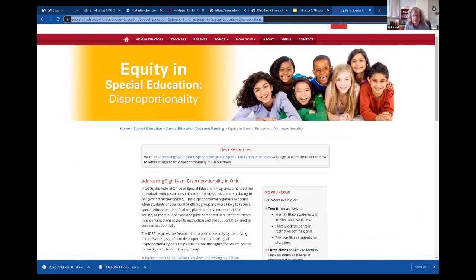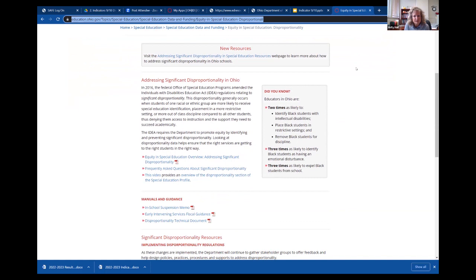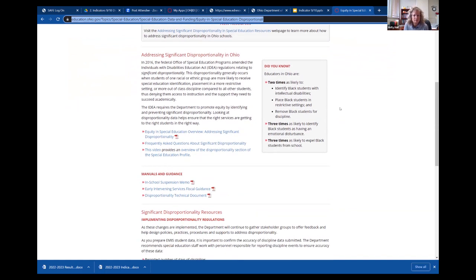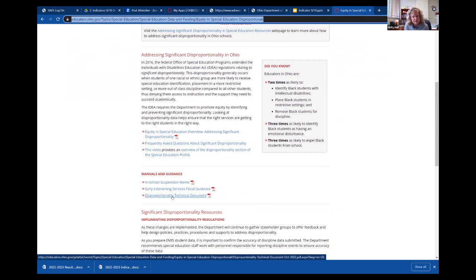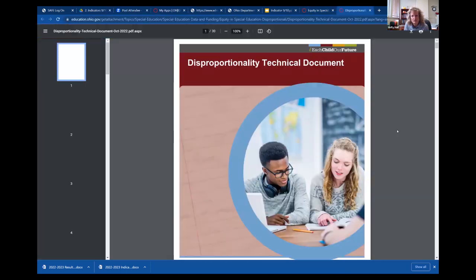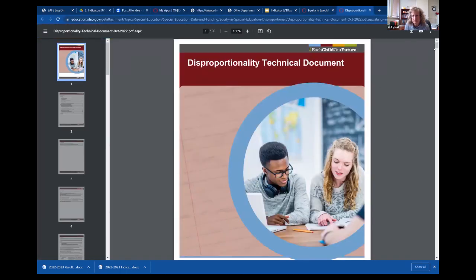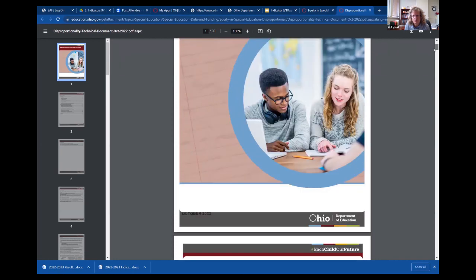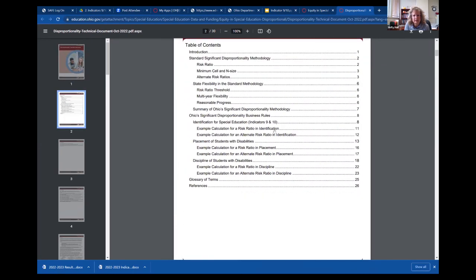One thing that I would want to mention, and I know this has come up for certain districts, I'm going to click over into the Equity and Special Education Disproportionality site on ODE's website. And if you're wanting more information about business rules for disproportionality, there is this technical document that kind of outlines specifically for students or where those students are counting.